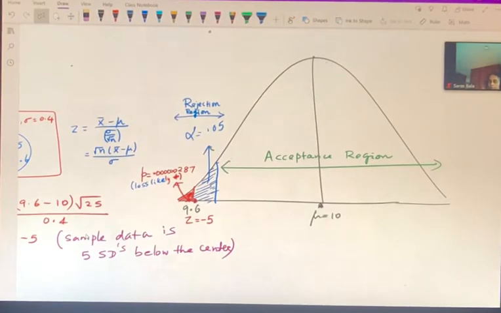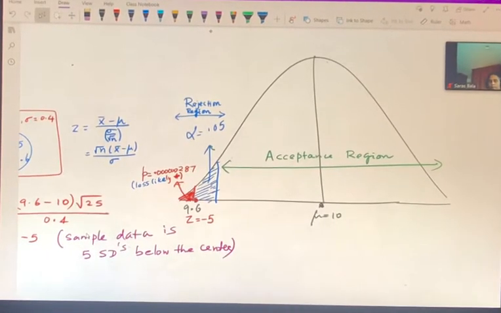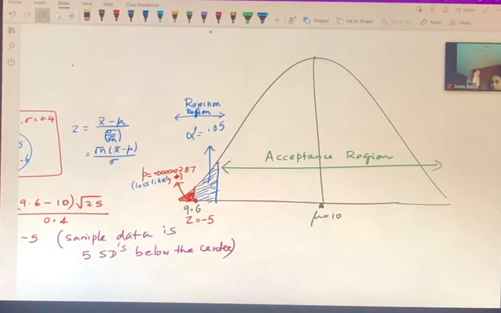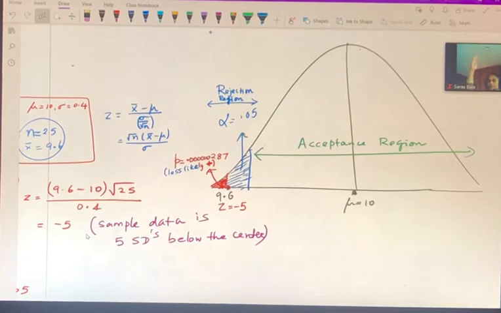This is what you will be understanding in Math 130 class: how you determine the numerical value and how far it deviates from the center. That particular sample data gives you the sample mean 9.6, and that numerical value is about 5 standard deviations below the center.